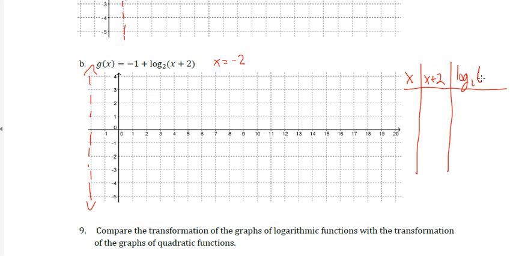I want this once again to be 1, 2, 4, and 8, which means that this should be 0, 1, 2, 3. Now if x plus 2 equals 1, that means that this is -1, 0, something plus 2 gives us 4, 2, and then 6.